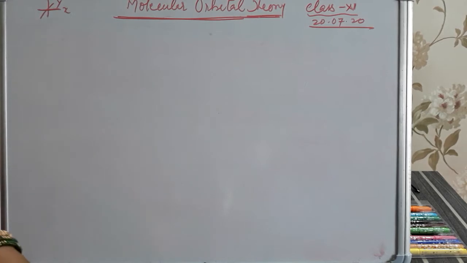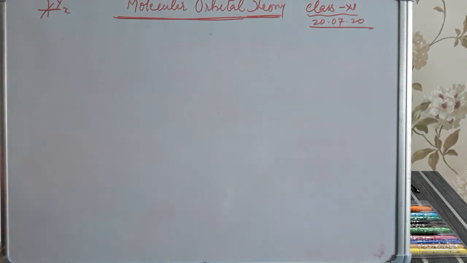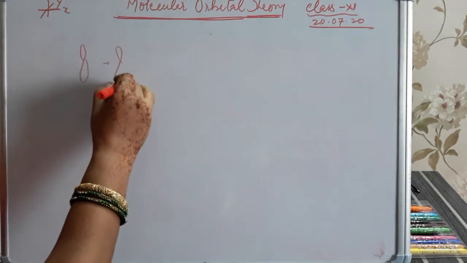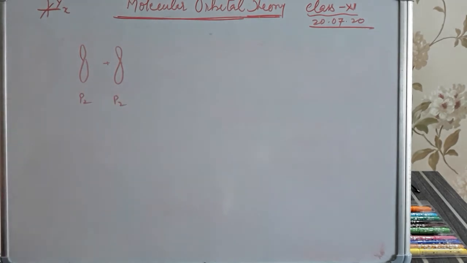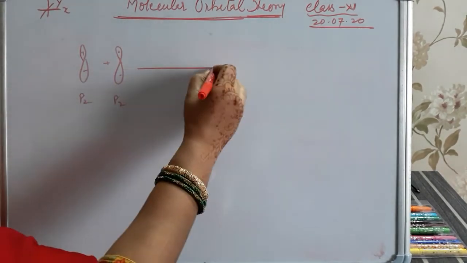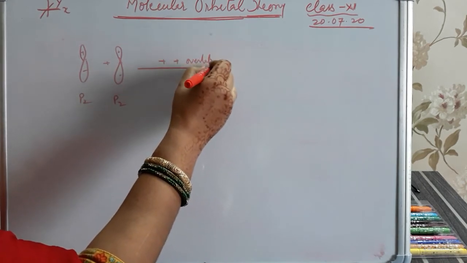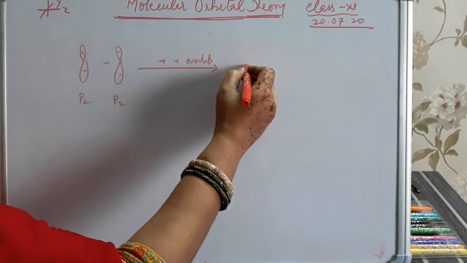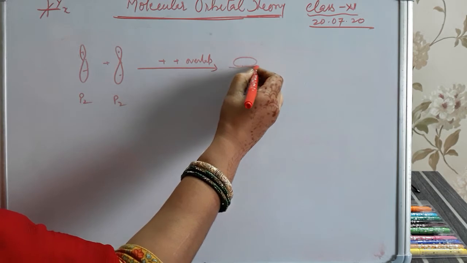If we take this 2pz orbital, plus and minus indicate the crests, and we draw only that. If plus overlap or constructive interference takes place, the molecular orbital forms like this, with a nodal plane.